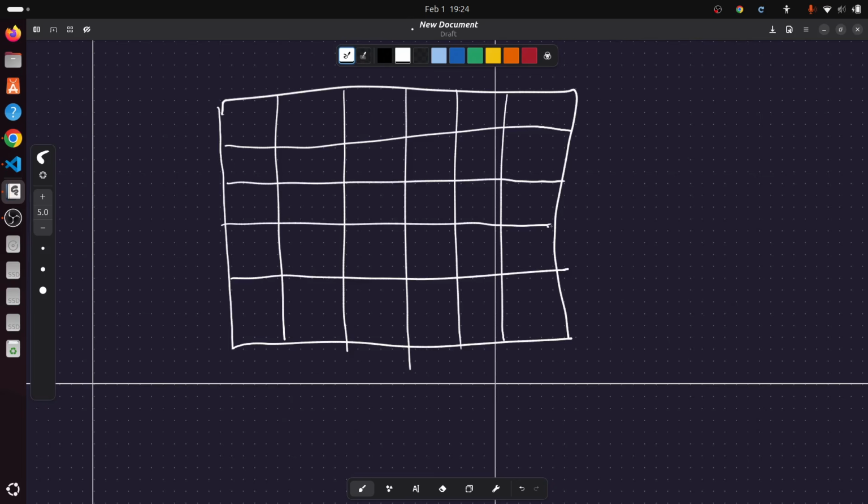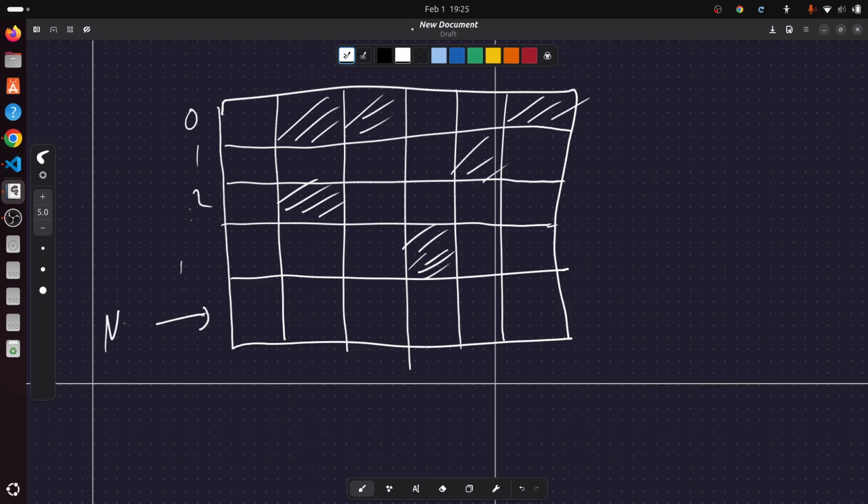Okay, and so some cells are walls. I'll shade the wall cells. Alright, and some are blank, so the rest are blank. Okay, and then you start from the last row, from the row n minus 1. Okay, so 0 1 2 up till n minus 1.